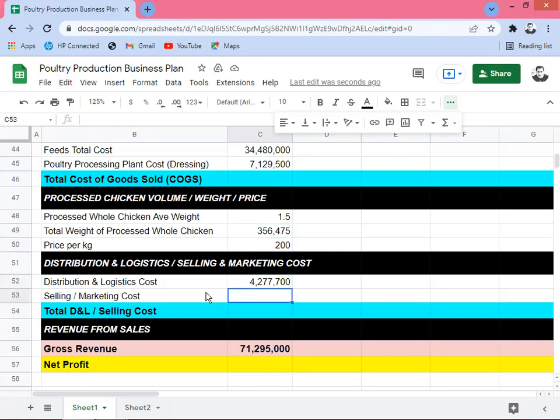Okay. And for the selling, marketing cost, this selling is you're talking about the salesman, sales supervisor, sales manager, maybe vice president of sales, things like that.